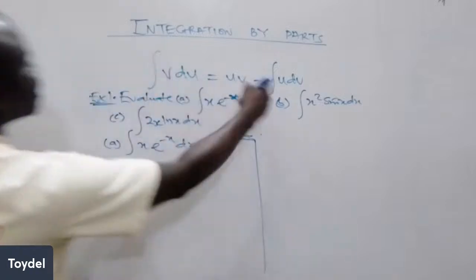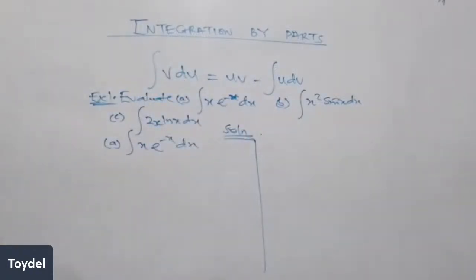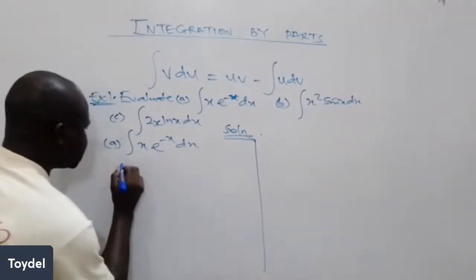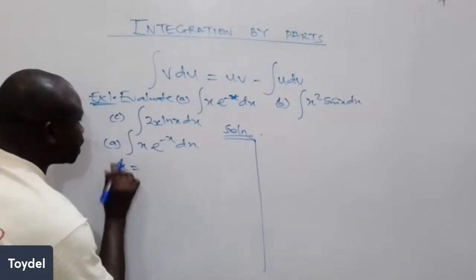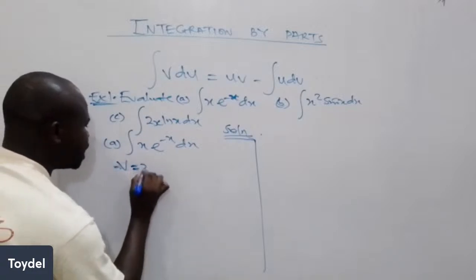So this is the formula for integration by parts: the integral of v du is equal to uv minus the integral of u dv. What we have here, you break it down to v. That is to say, you can let v represent x.